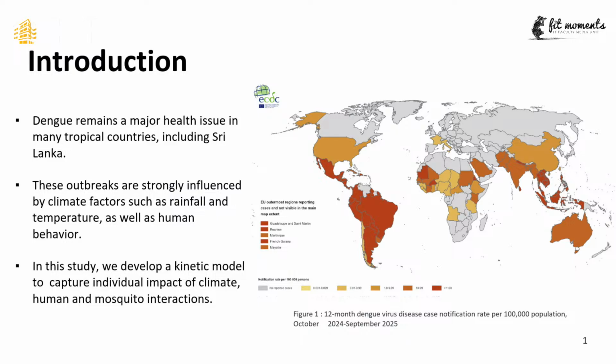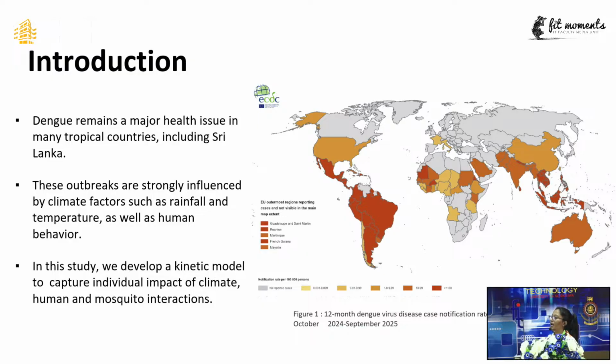These outbreaks are very strongly influenced by climate factors such as rainfall, humidity and temperature, as well as human behavior. Most classical compartment models fail to capture the individual impact on dengue transmission. Here we are developing a kinetic model to capture the individual impact of climate and human and mosquito density.